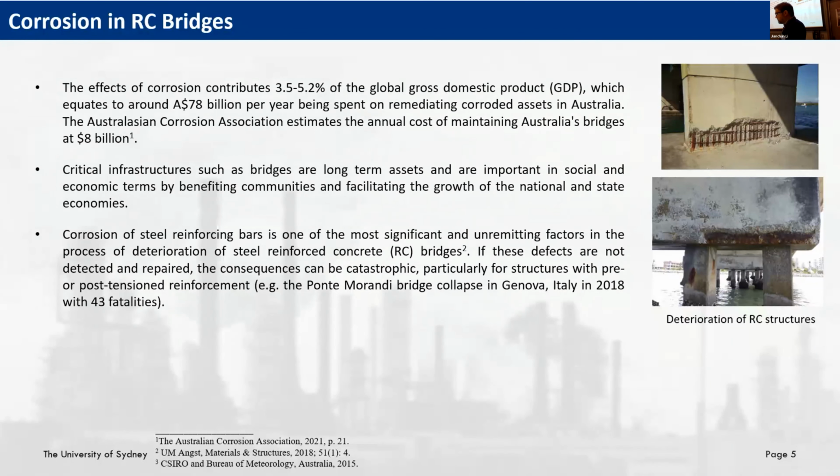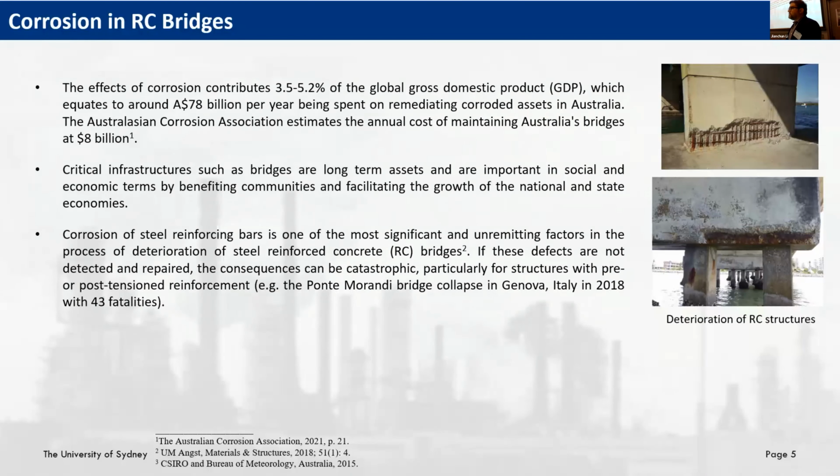The challenge for infrastructure in Australia, especially transport infrastructure, is that it is mostly located in harsh, marine environments. Most of our big cities are located in such environments, and that causes a lot of problems in terms of corrosion.